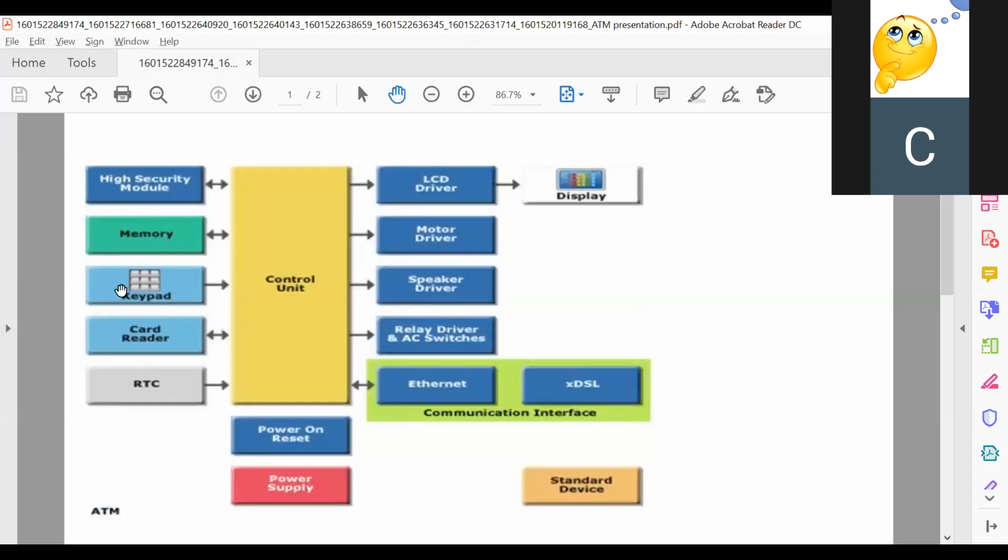The ATM keypad has 48 keys. In this, it has stored a hash value.